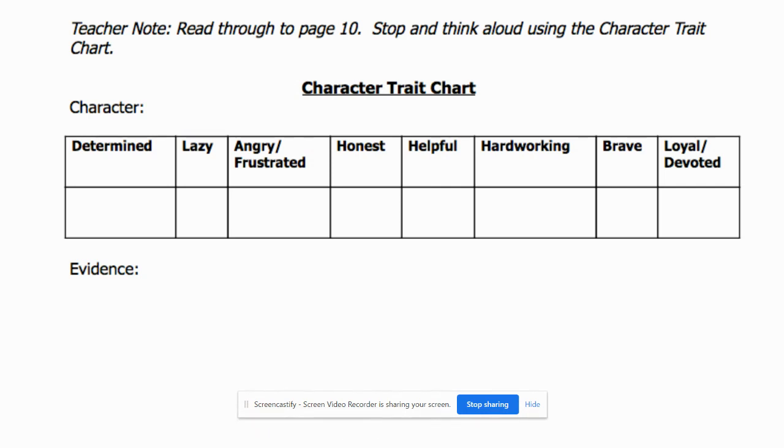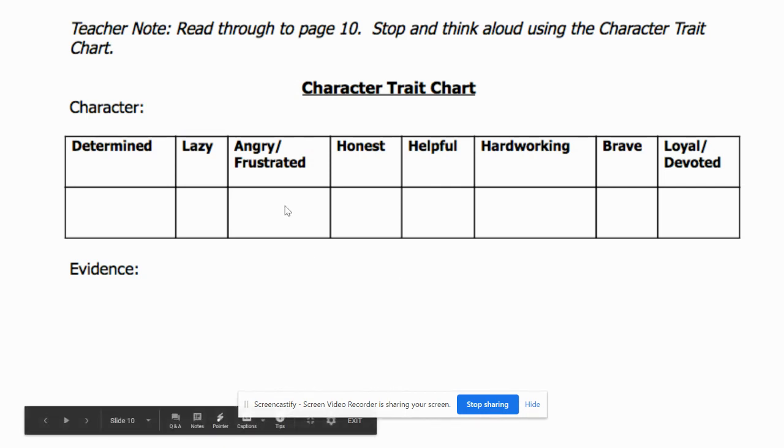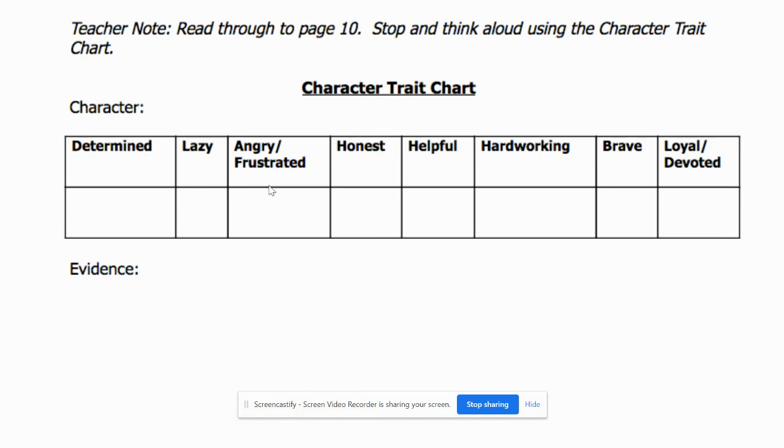Now, if we look at our character trait chart, how would you now describe Henry? Now, with this, there could be more than one answer.